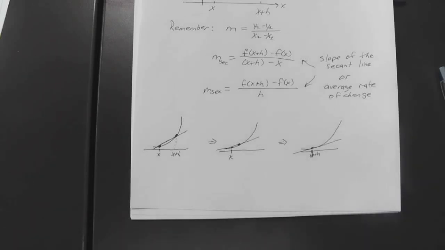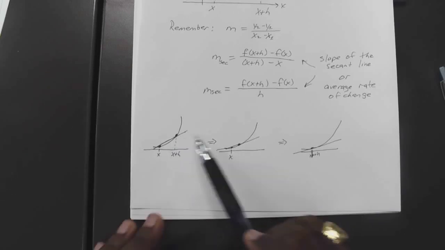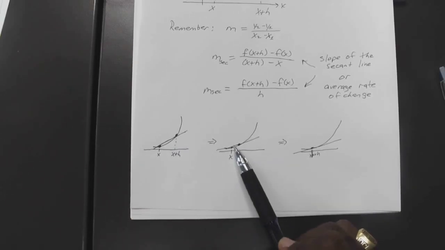Let's just say this slope was 4. Then when you move this one it became 3. Then when you move closer, it became 2.5. When you move it closer, 2.1, then 2.0002, and it just gets closer and closer to 2 as you move it closer and closer. You can pretty much just predict that it will be 2.